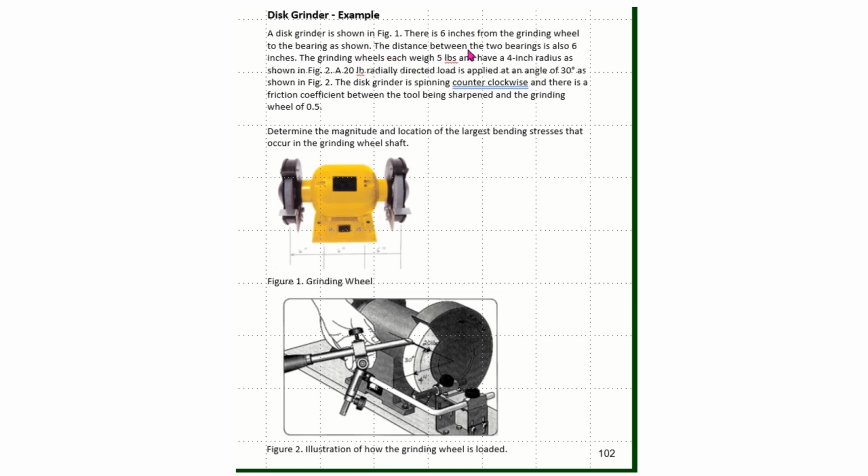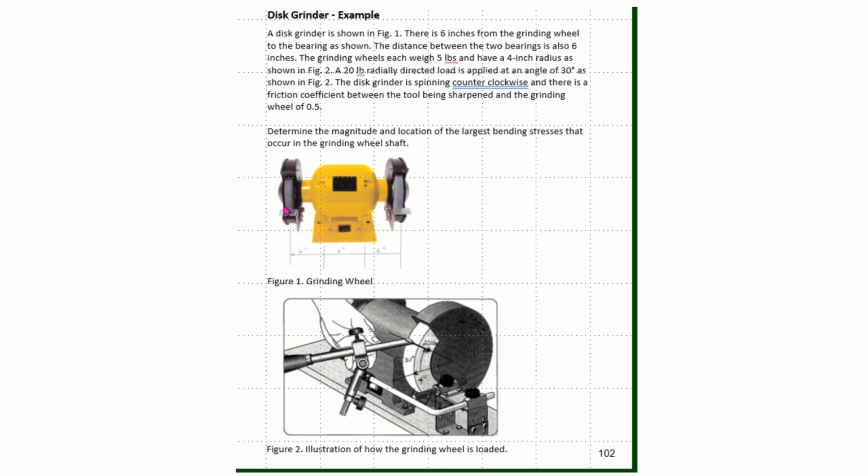The distance between the two bearings is also 6 inches. So from this disc to the bearing here is 6 inches. The width of the motor is 6 inches, and then from the bearing in here to the disc wheel is another 6 inches.